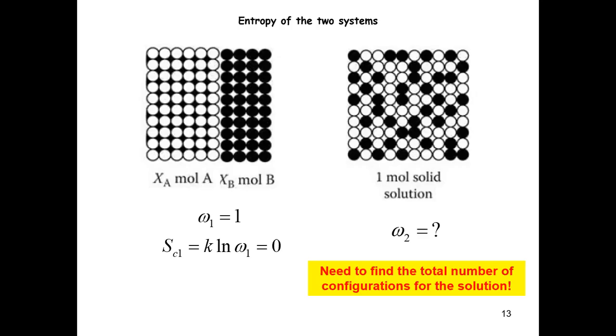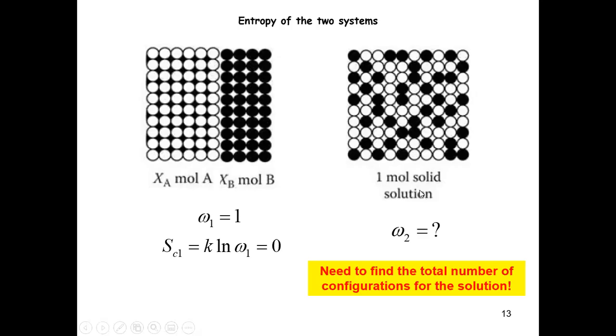So if our state 1 has XA mole of A and XB mole of B, we're taking exactly the same amount of A and B, but preparing a solid solution. For this one, it appears that XA equals XB equals 0.5, but actually it's not, because if you count, you have more white than black, which is consistent with this. So I have XA mole of A and XB mole of B, and XA and XB are fractions because we're talking about 1 mole, right?